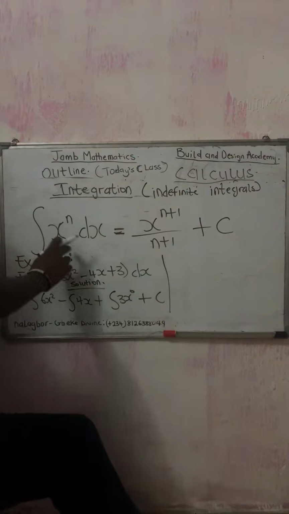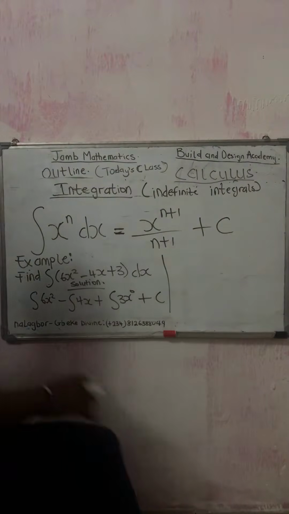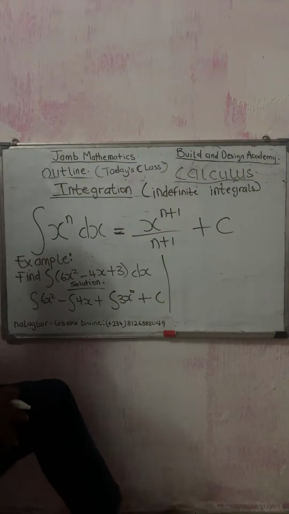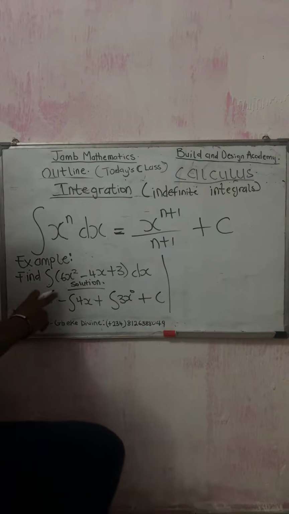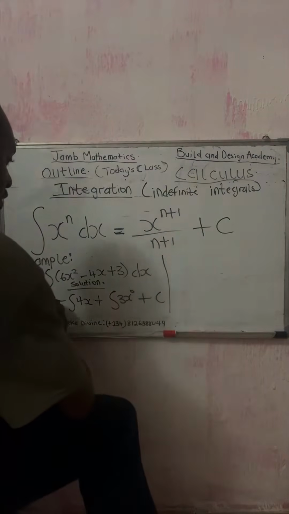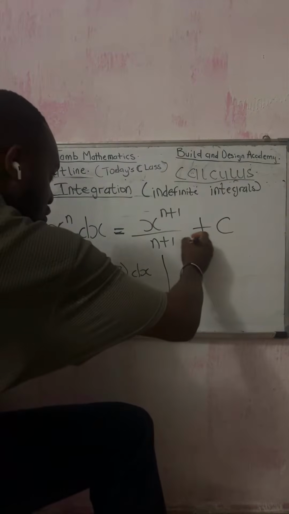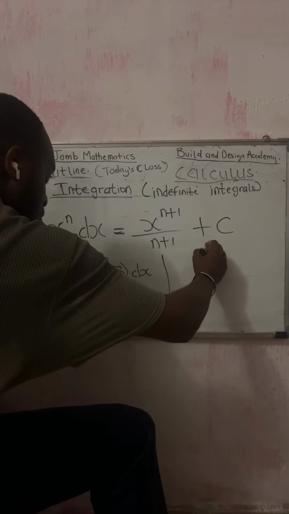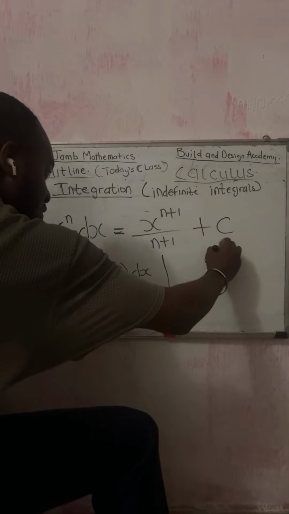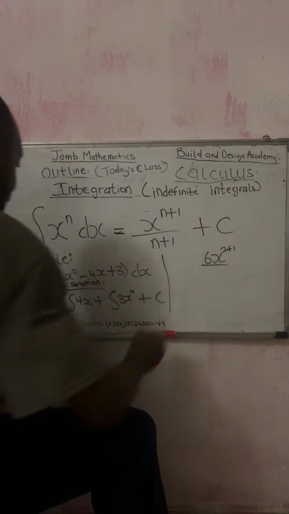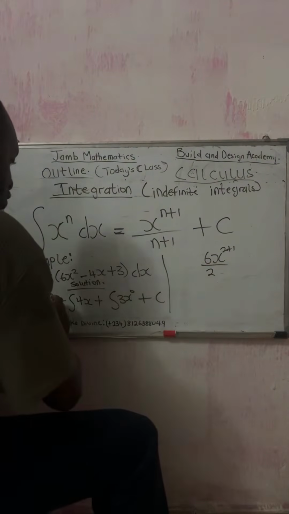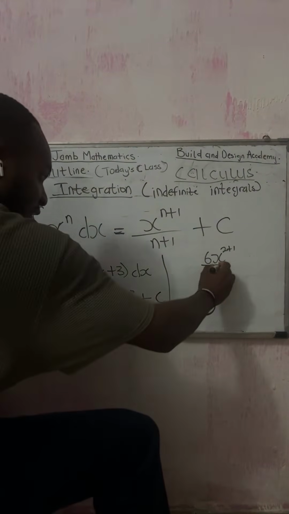Using this formula, if we integrate 6x squared, our n here is 2. So we will be left with 6x raised to n plus 1, that's 2 plus 1, all over n plus 1, which is 2 plus 1.